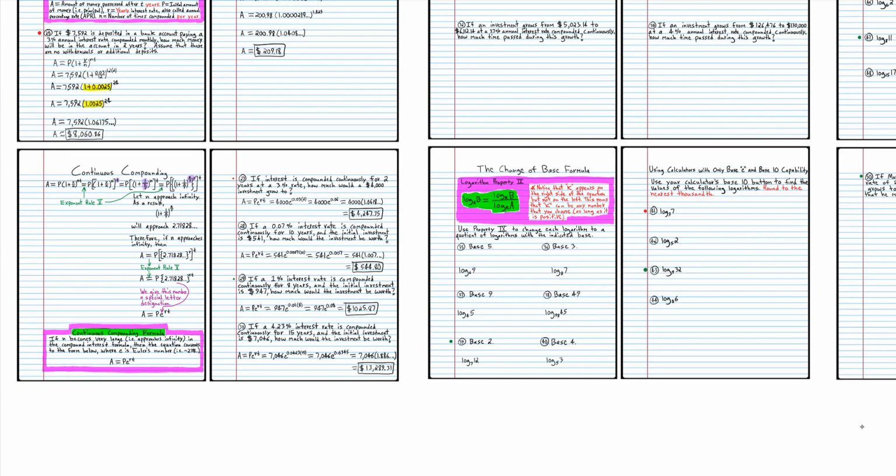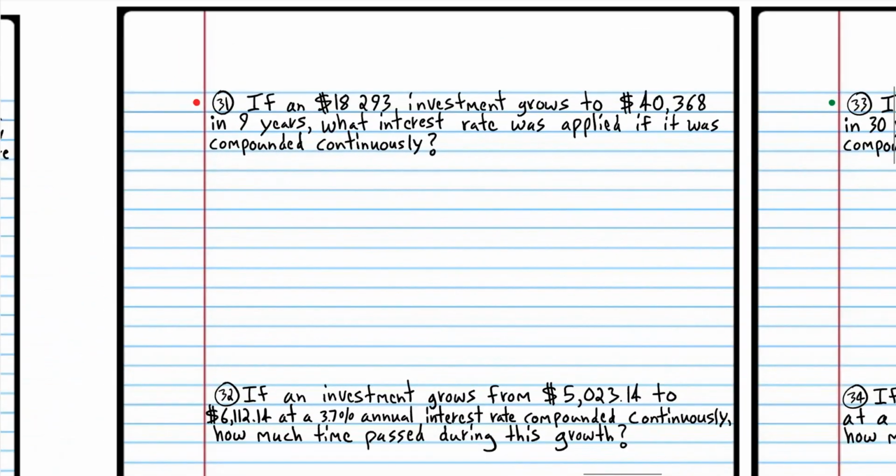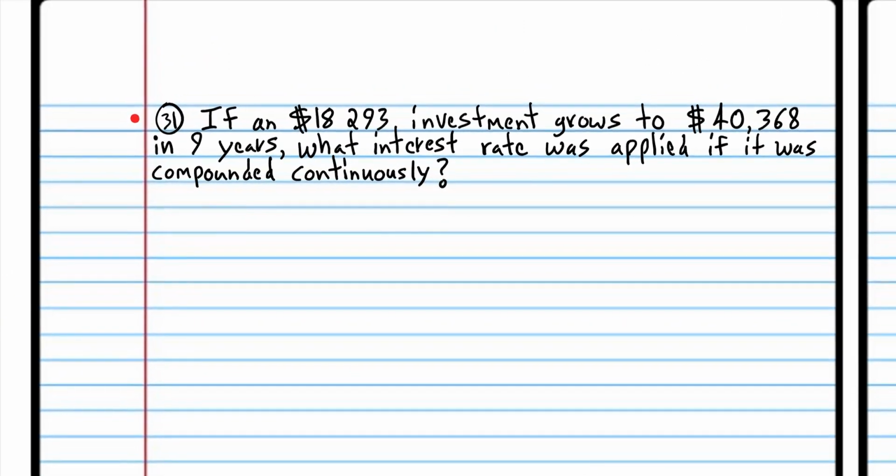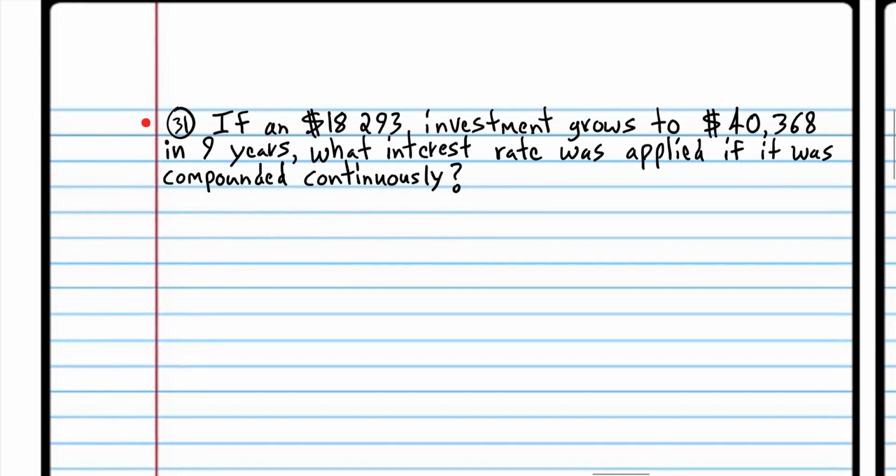exponential expressions. Okay, so let's do some problems where we are going to need the natural logarithm. So it says here, if an $18,293 investment grows to $40,368 in 9 years, what interest rate was applied if it was compounded continuously?